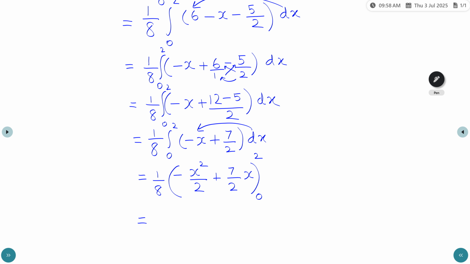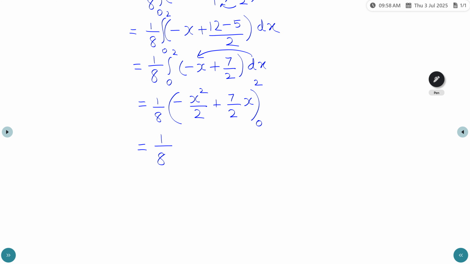The next step, we need to substitute the upper and lower limit values in the place of x. So minus 2 squared by 2. Lower limit value 0 squared by 2, anyway again 0, we omit that part. And then 7 by 2 into 2 minus 0.